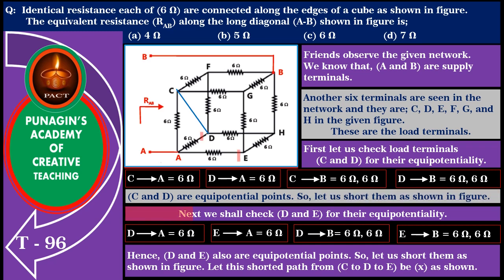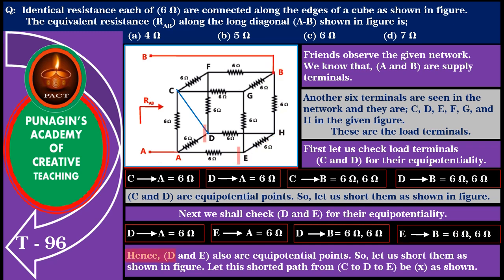Next, we shall check D and E for their equipotentiality. Path resistance from D to A is equal to 6 ohm and from E to A also is equal to 6 ohm. Similarly, path resistance from D to B is equal to 6 ohm, 6 ohm and from E to B also is equal to 6 ohm, 6 ohm.